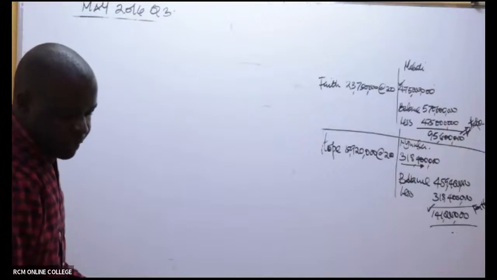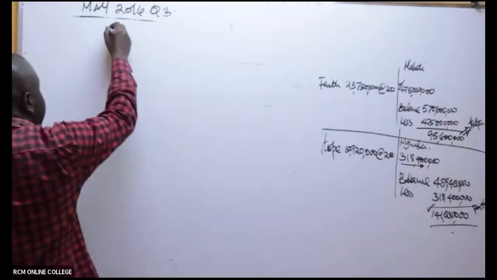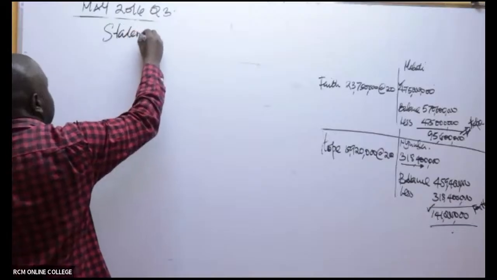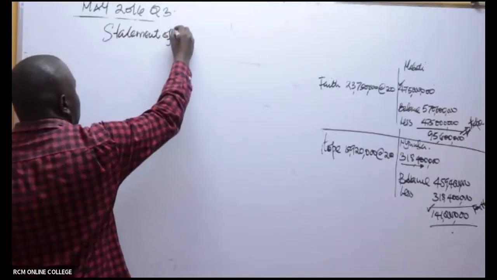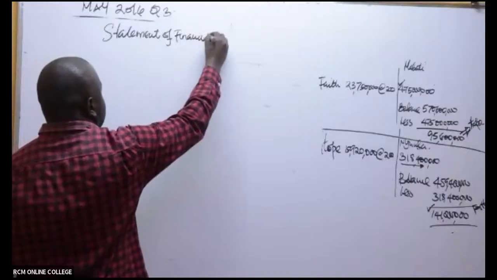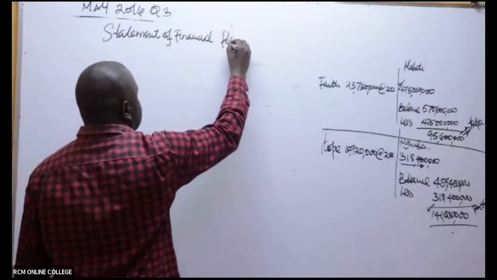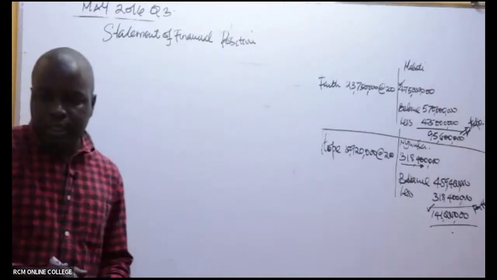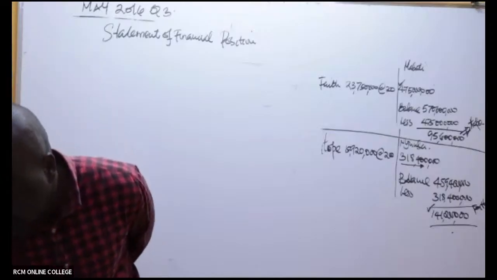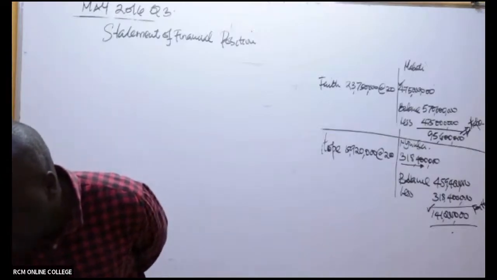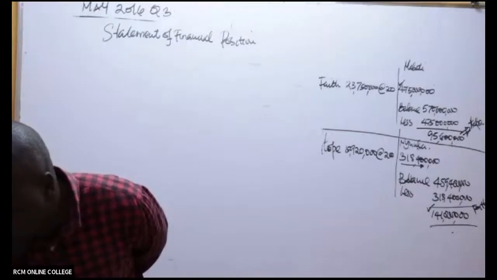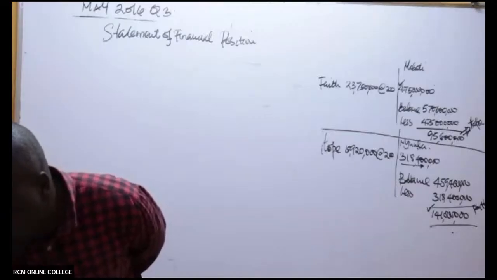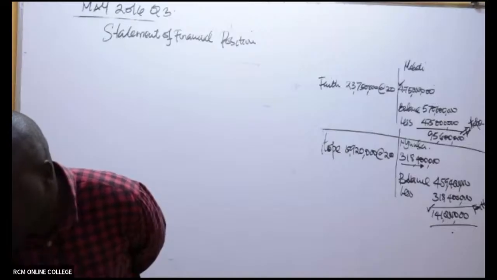The final item you are being called upon to prepare is the statement of financial position for the two companies. I think it is for the year ended as at which year end? So after formation. Exactly after formation, the statement of financial position immediately after formation.